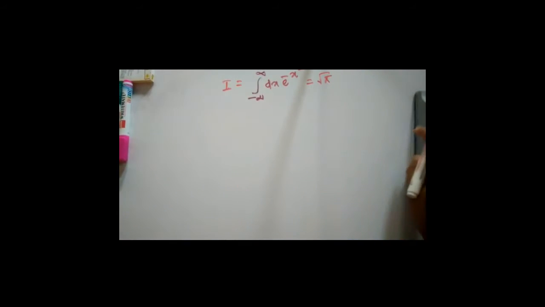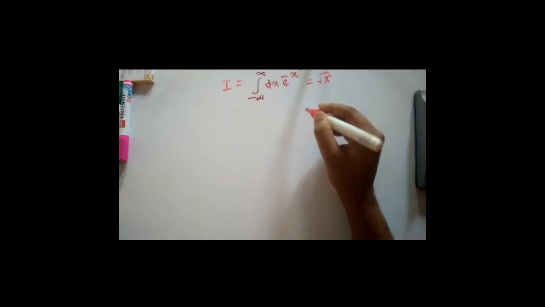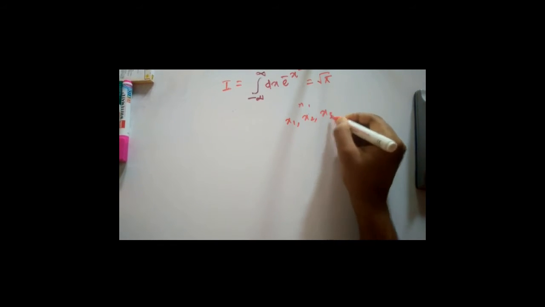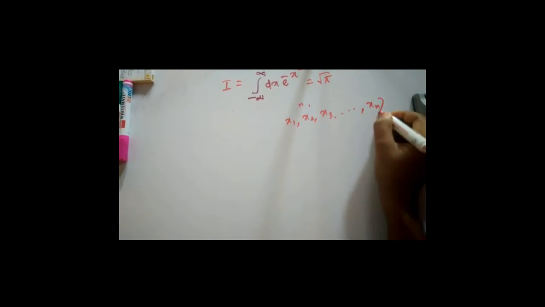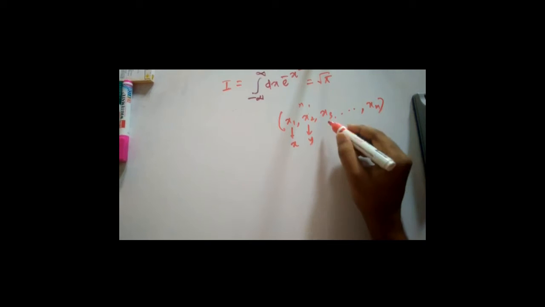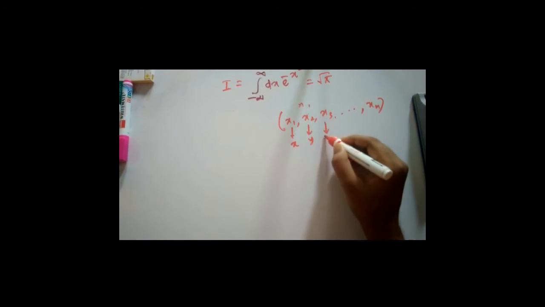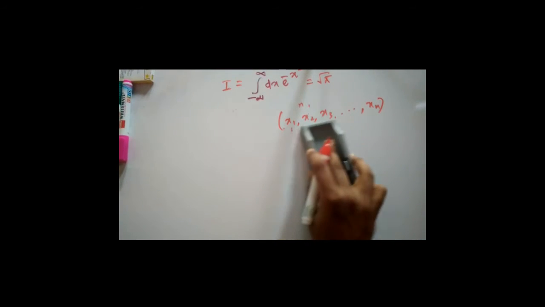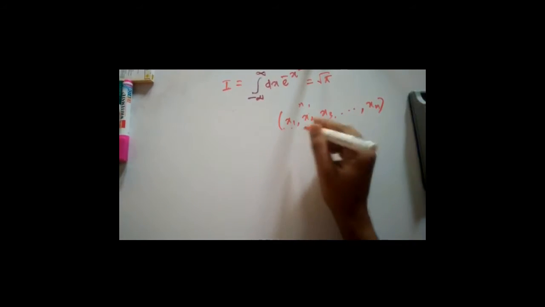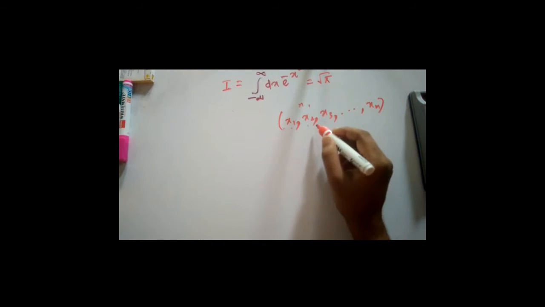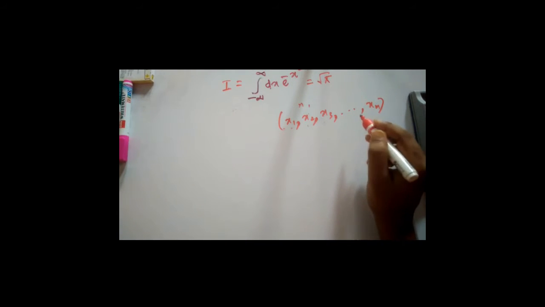If there is an n-dimensional coordinate, then there will be n independent variables, that means x1, x2, x3 and up to xn, okay? So in two dimensions our x1 was x, x2 was y, and in three-dimensional space we say x, y and z, okay? That is the case. And in n-dimensional we express these variables as x1, x2, x3 to xn, okay?